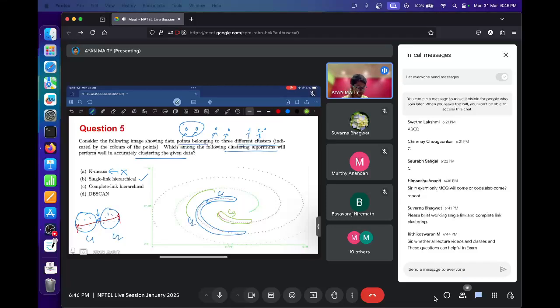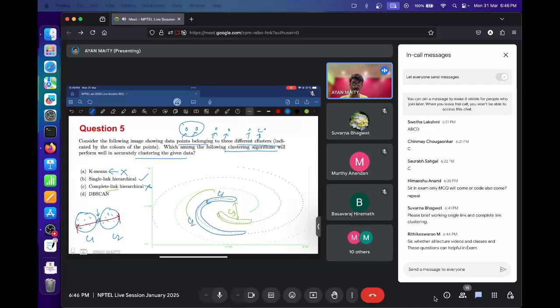But the distance measure is such in complete link clustering, C1 and C3 would be merged, which is not really intended, and it would completely disrupt the clustering structure in this data set. C1 and C3 would be merged instead of merging C1 and C2. So it will not be able to find out these spiral cluster shapes. So complete link would not be able to find out these clusters properly because of its complete link distance measure.